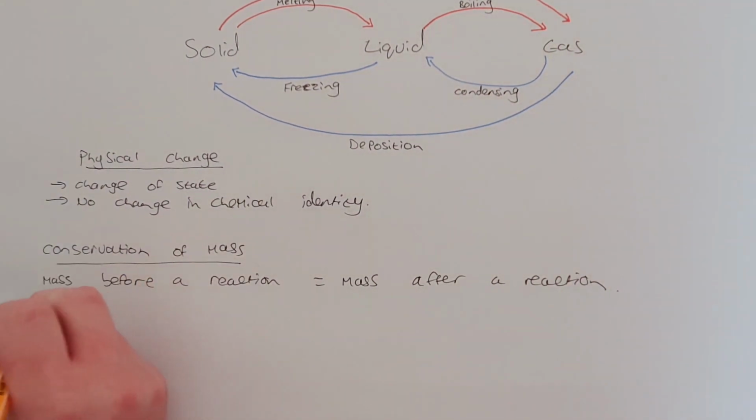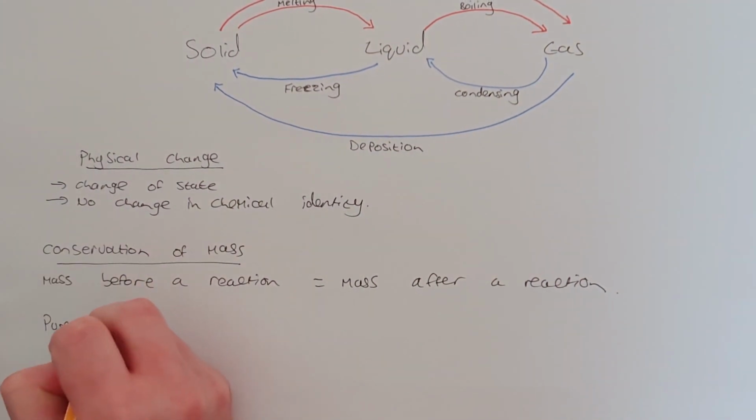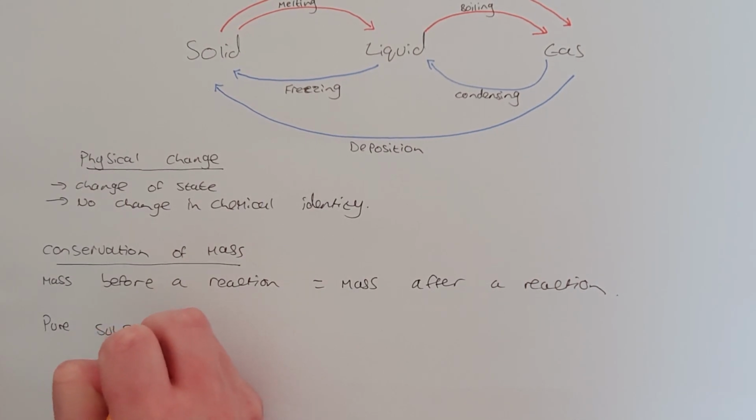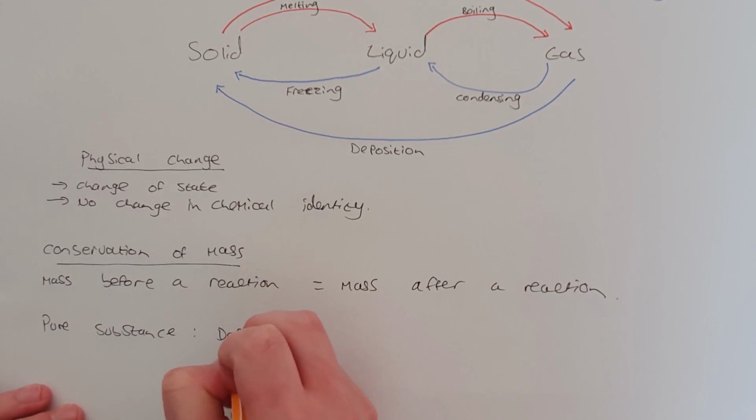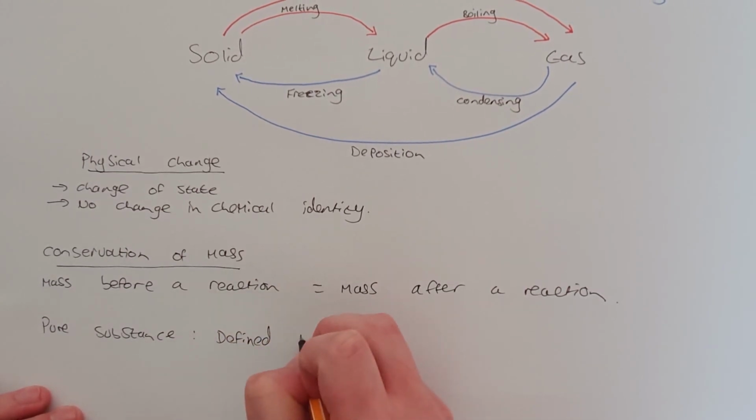So, first of all, a pure substance is a substance that has a defined melting and boiling point.